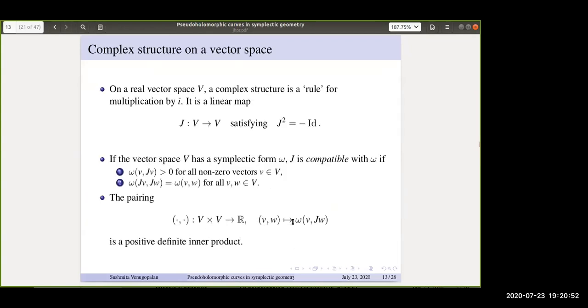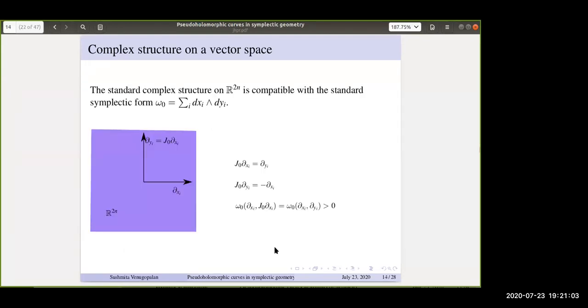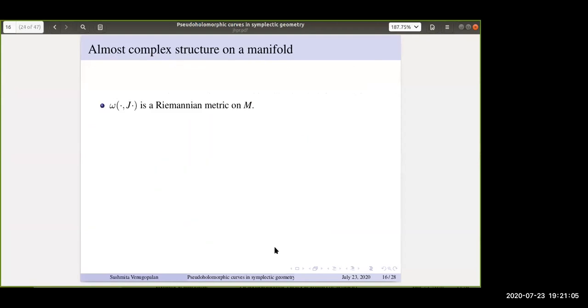This is the pairing we are talking about: v comma w is mapped to omega of v comma Jw. You can do this at every point on a manifold, so you get a positive non-degenerate pairing of the tangent space at any point, and that's precisely a Riemannian metric. So choosing a J makes a symplectic manifold rigid, because we were earlier saying that Riemannian manifolds are rigid.